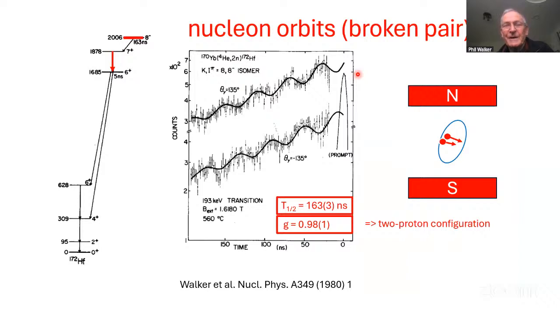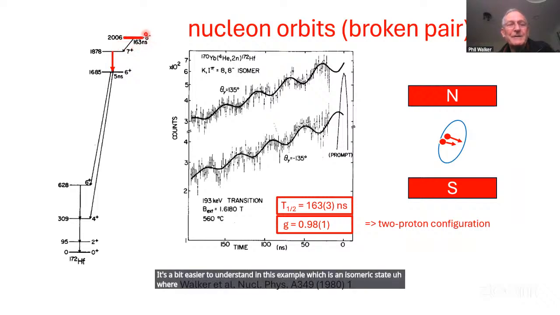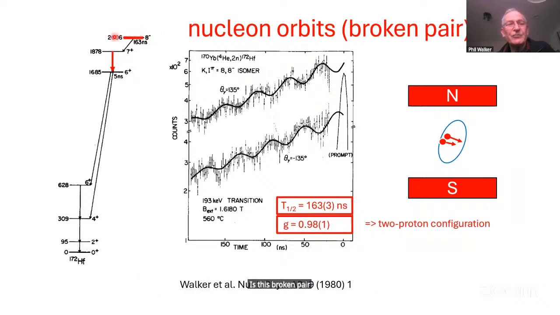It's a bit easier to understand in this example, which is an isomeric state where the angular momentum is coming from a broken pair, and we can ask the question, is this broken pair a pair of neutrons or a pair of protons?